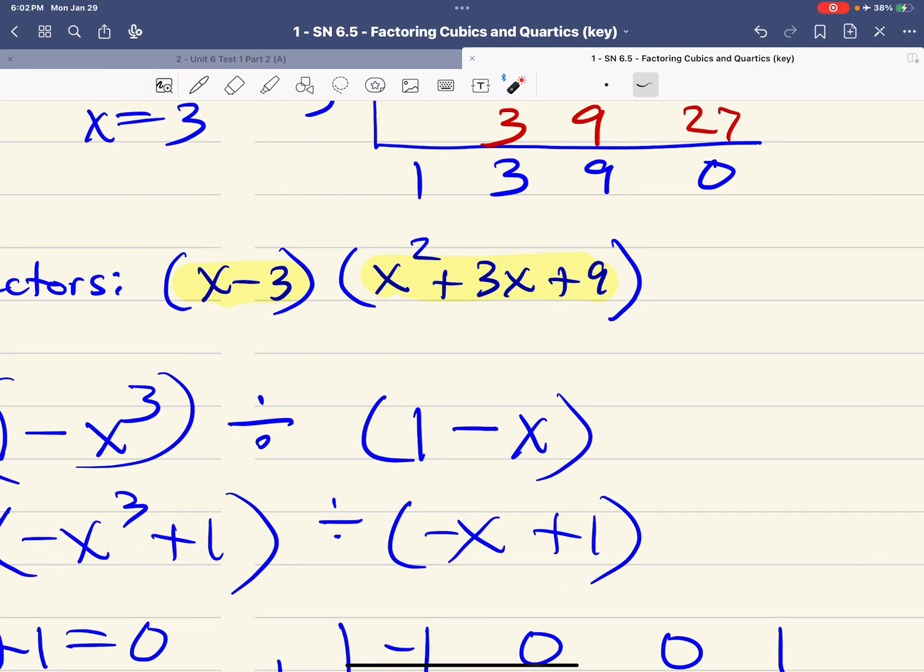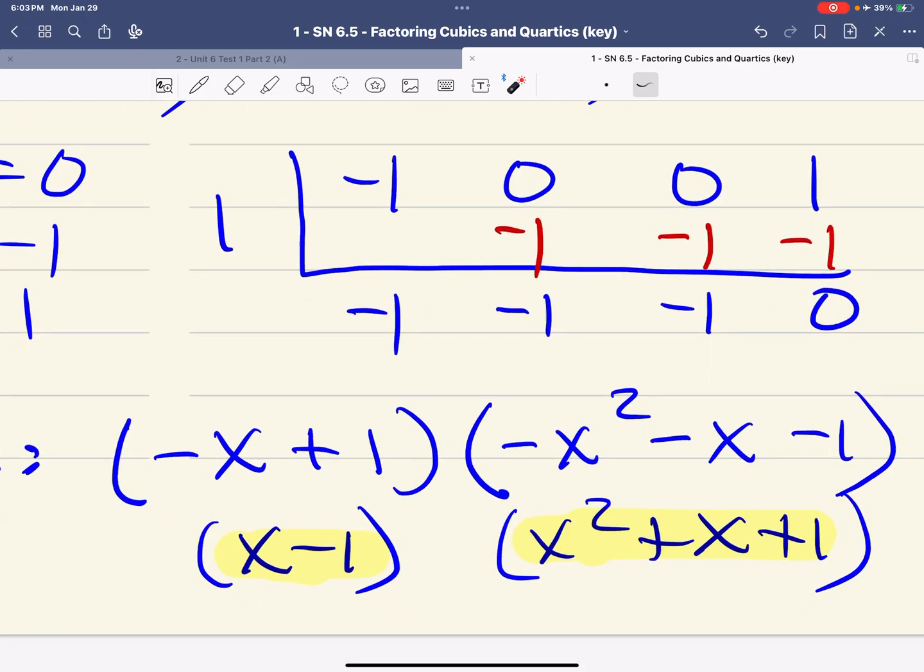If I take this term and square it, I get x squared. If I take this term and square it, I get 9. Then if I take this term, negative 3, times this term, x, that's negative 3x. And if I subtract it, I get plus 3x.